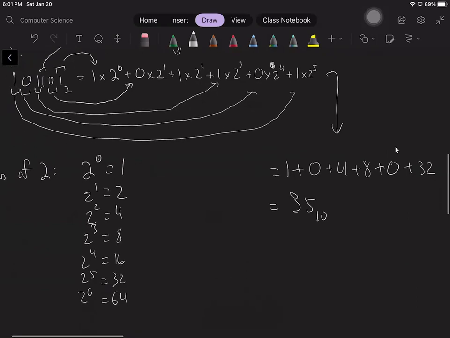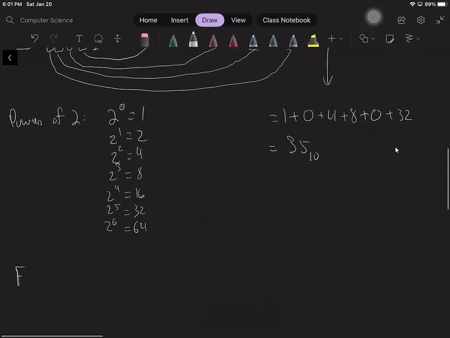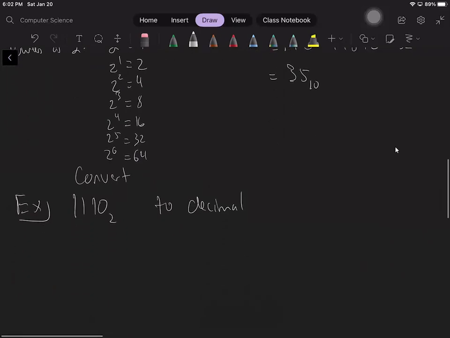Okay, so I'll do another example. There's many different ways to do this. If you like it one way or the other, that's fine. I'm just showing you one way. So let's convert this to decimal. And again, we're going to do the same thing.